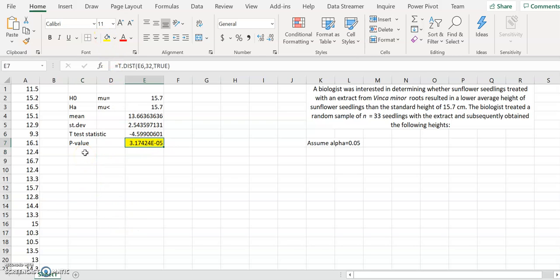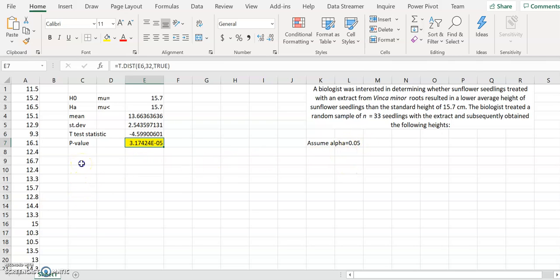This p-value is less than 0.05. Remember, the e with a negative number after it is a very small number. This is equivalent to 4 decimal places, 4 zeros, and then the 3. So this is a very small number, and that is definitely less than 0.05.